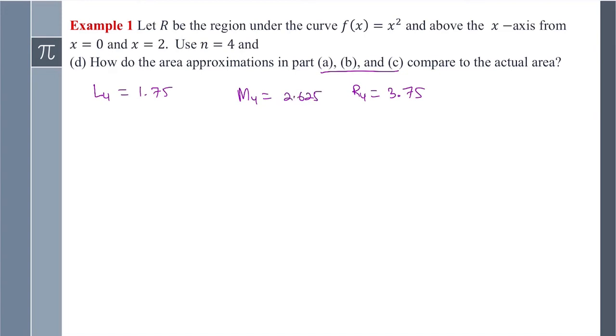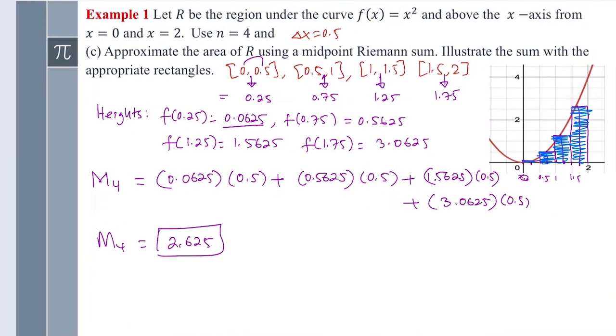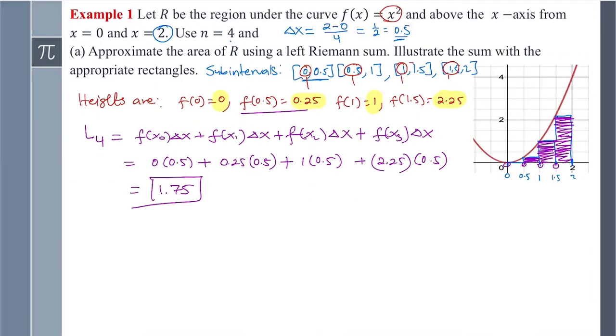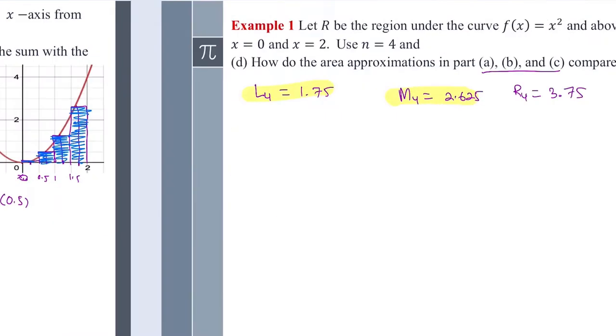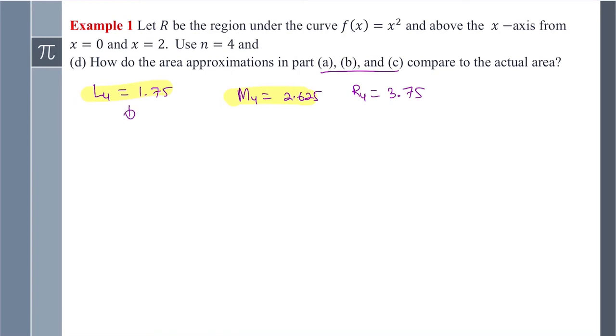I don't say this is accurate, but this is better than these two areas. So this one, 1.75, see, we are losing so much area here. This is what we are losing here, okay? So that means we can say the first one underestimates the area.